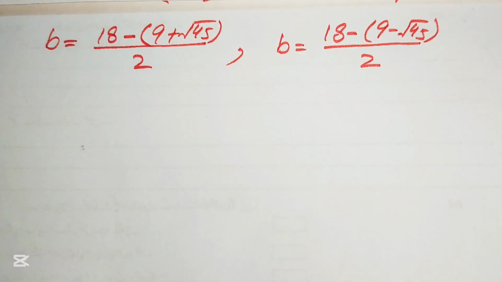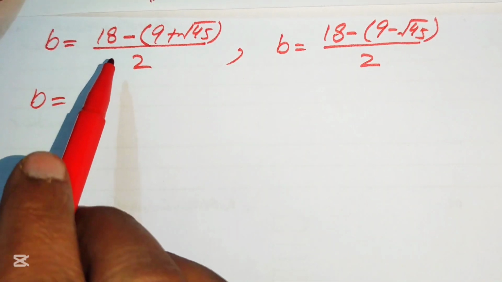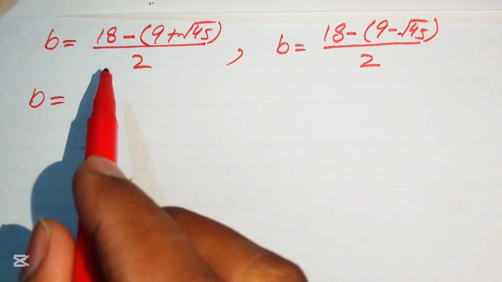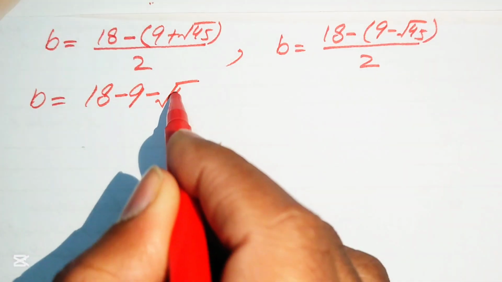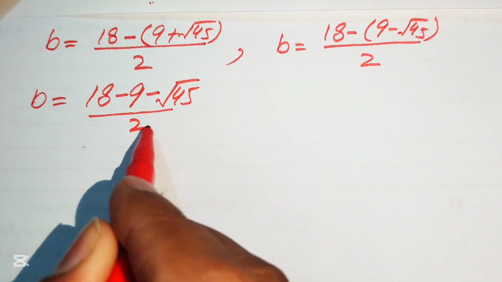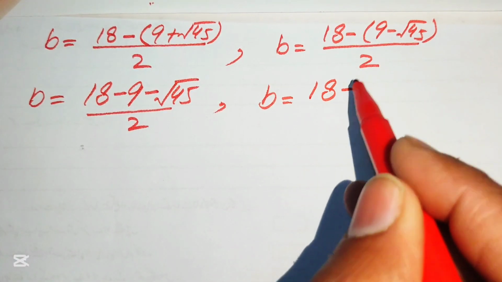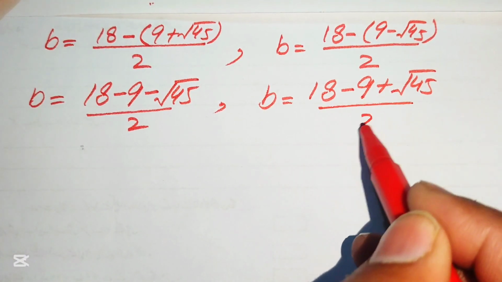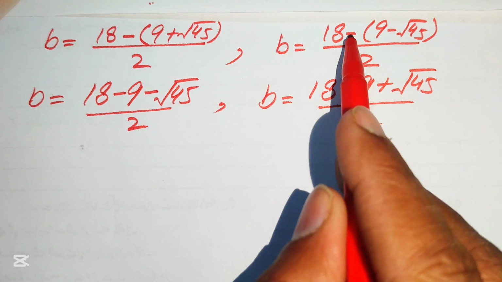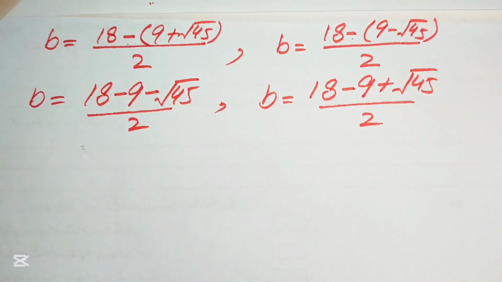So here we need more simplification, and we write b equals, here we need to multiply this negative sign on both of these terms, and it will be written as 18 minus 9 minus square root of 45 divided by 2. And similarly in this case we have b equals 18 minus 9 plus square root of 45 divided by 2. Here we multiply the negative sign on both of these terms.